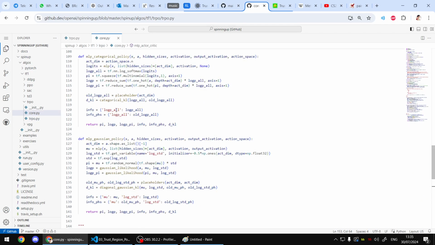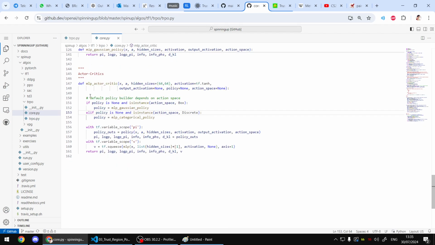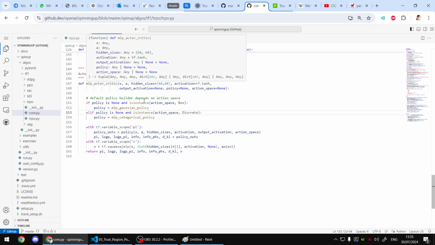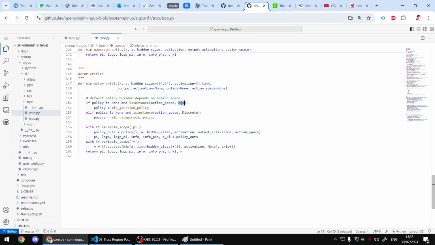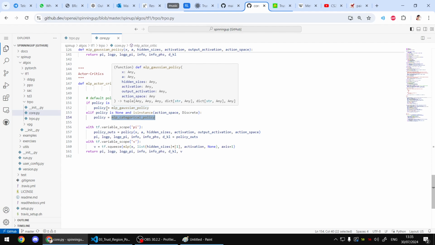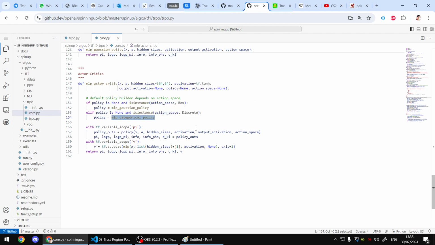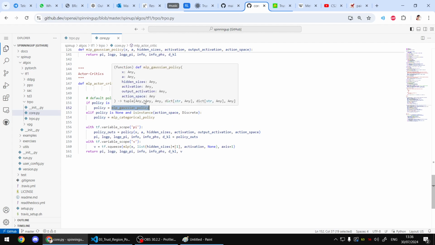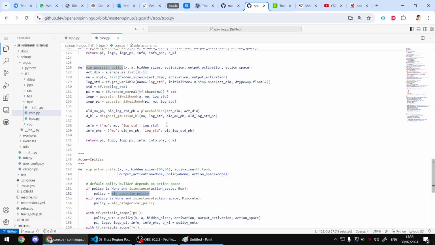Maybe regarding the policies, they check, say, if your action space is a box, it means it's a continuous space. It means you just have high and lows, upper and lower bound of domain. In case it's discrete, it calls for categorical policy, and if it's continuous, for Gaussian policy.